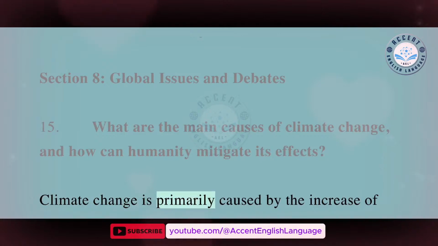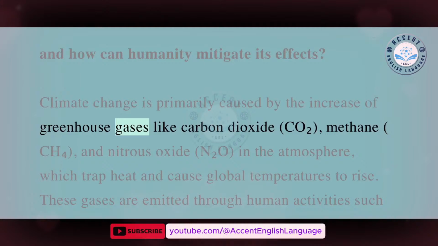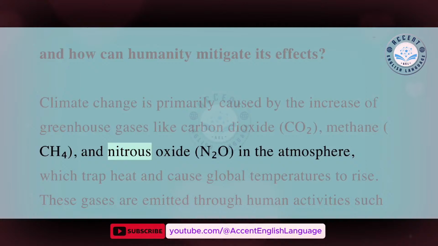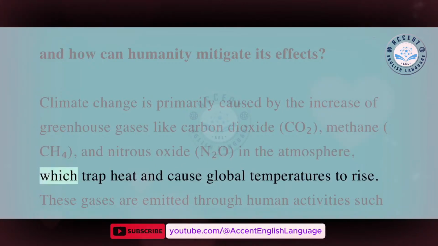Climate change is primarily caused by the increase of greenhouse gases like carbon dioxide, CO2, methane, CH4, and nitrous oxide, N2O, in the atmosphere, which trap heat and cause global temperatures to rise.